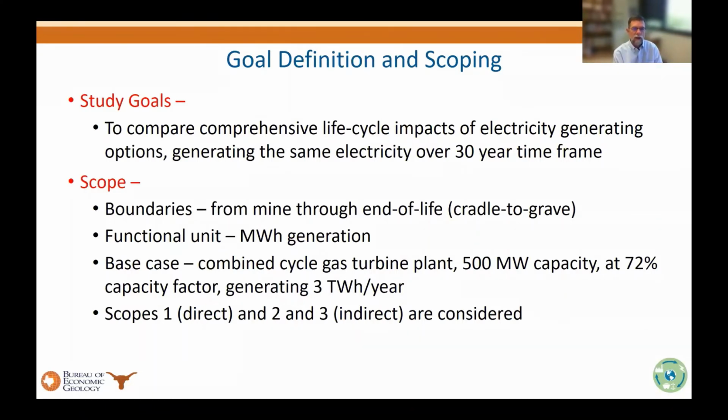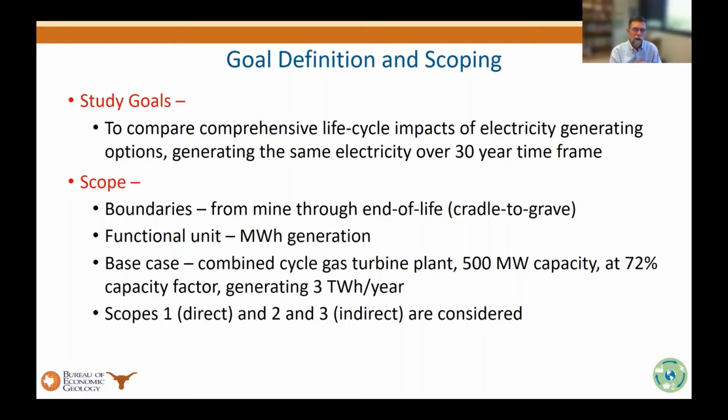The study goal for us is to compare comprehensive life cycle impacts of electricity generating options, which we call EGOs, generating the same electricity over a 30-year time frame. Our boundaries are from the mine, from the point of actually extraction of the material, all the way through processing, transportation, incorporation, all the way to the end of life.